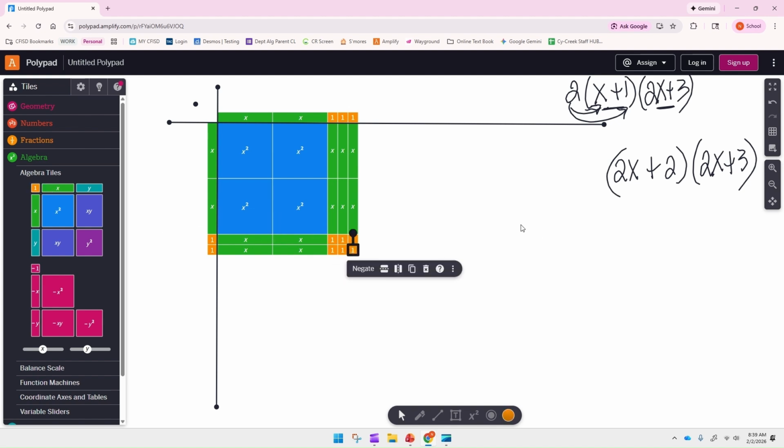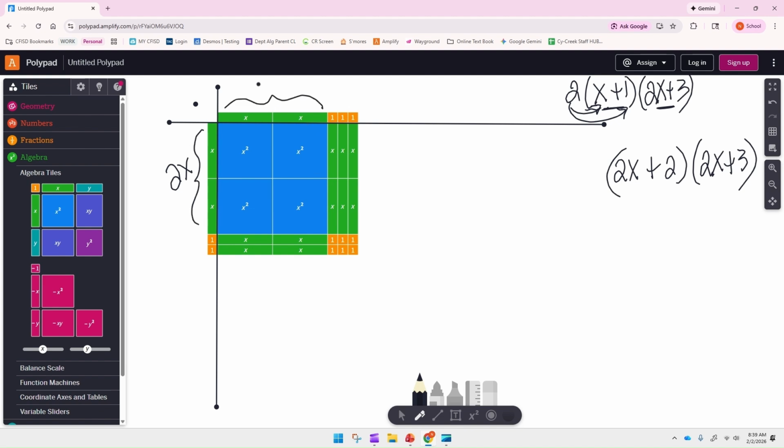So now, how many x squares do I have here? I have 1, 2, 3, 4. Right here I have 2x, and then these right here I have 2x. If I were to draw a line right there and there, 2x times 2x is going to give me 4x squared.